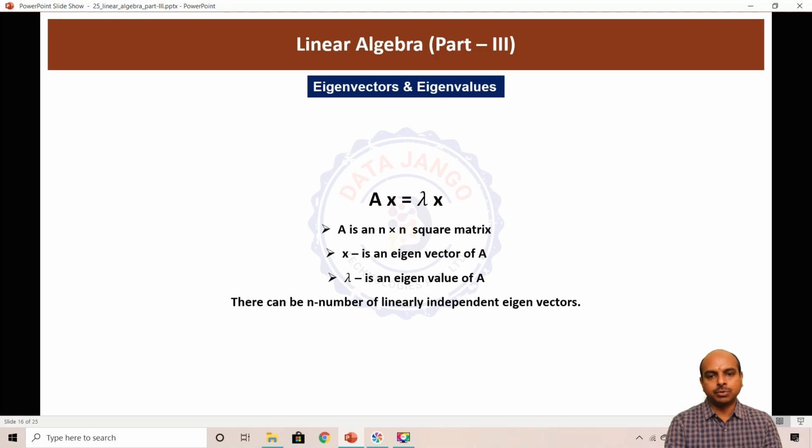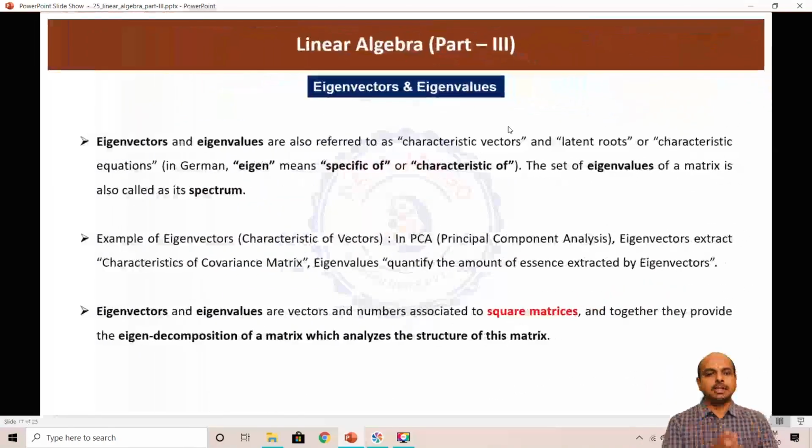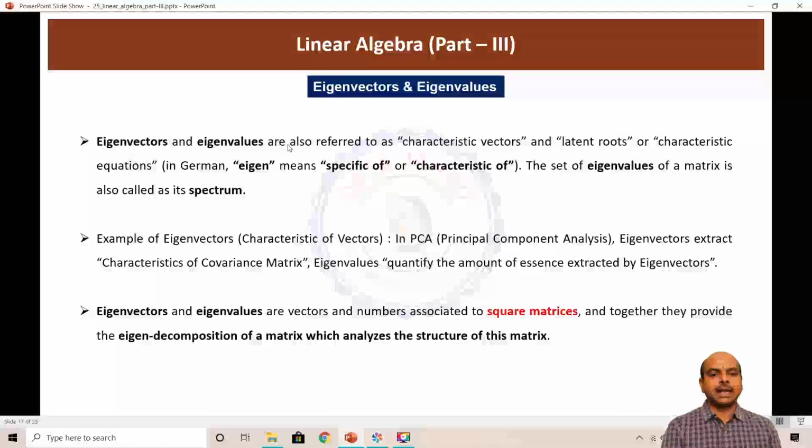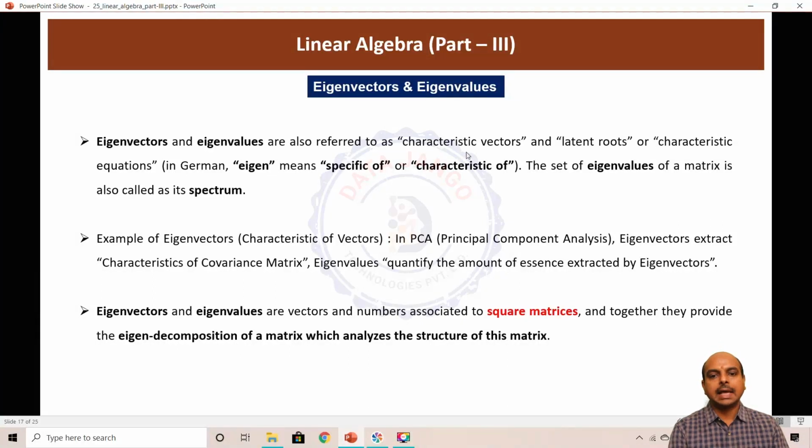Before we jump into math, let us look at a little bit of theory here. The eigenvectors and eigenvalues are also referred to as characteristic vectors, latent roots, or characteristic equations. In German, eigen means a specific of or characteristic of. So we are trying to decompose our original matrix A into eigenvectors and eigenvalues such that the specific characteristics of the matrix will be extracted from the matrix.